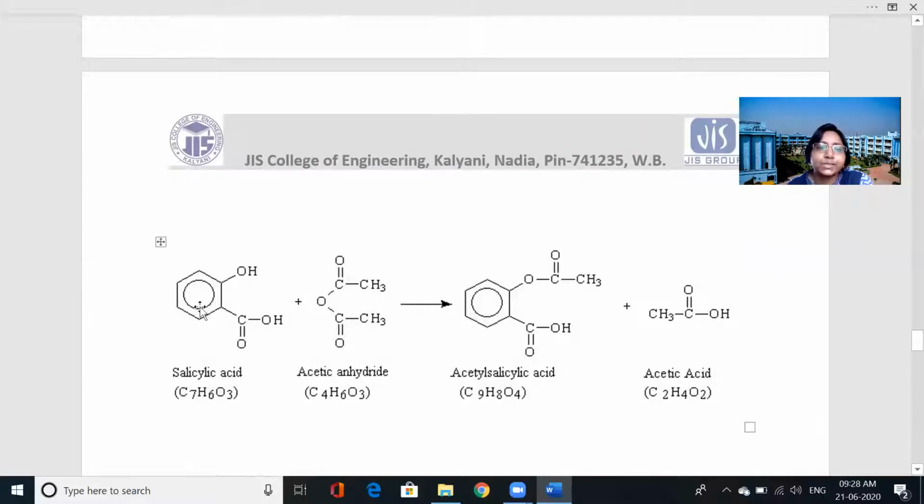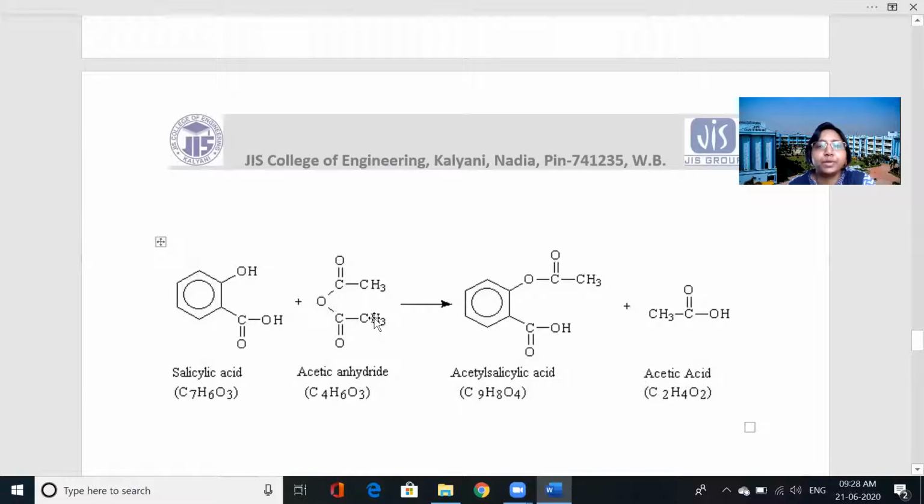So first we take the salicylic acid, then acetic anhydride. Acetic anhydride means you take 2 moles of acetic acid and remove 1 mole of H2O, then you will get acetic anhydride. Like CH3COOH, you know the formula CH3COOH.